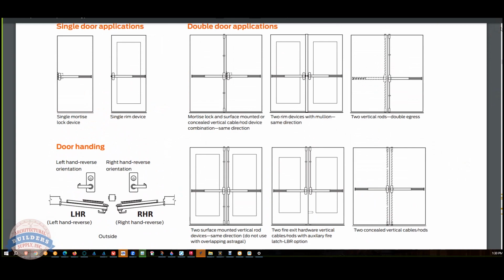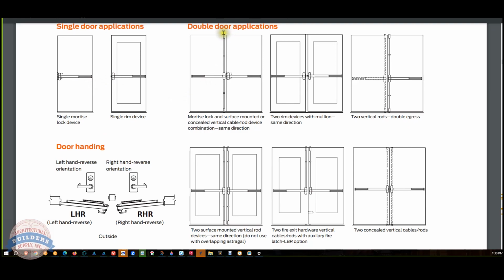of which there's concealed and surface, and then there's mortise devices. And in grade 1 exits, regardless of manufacturer, you'll usually see all of those. So the common theme between what you're seeing here is where does the latching or bolting occur? So if you have a single door, you can latch it here.